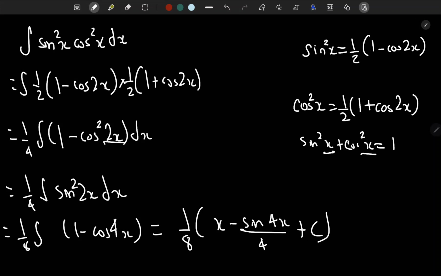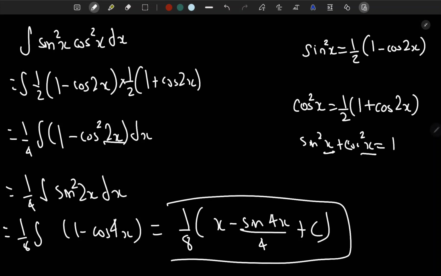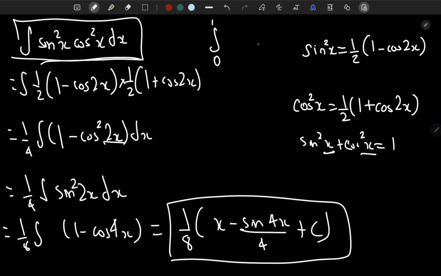Now I do have a shortcut method on the calculator where you can recheck your answer basically. After getting the final answer, we go to the integral and we can put any two numbers. On your calculator you can just put 0 and 1 and find the value of the definite integral. So it will give you, let's say, 0.3. And when we go to our final answer, we can substitute 1 first.